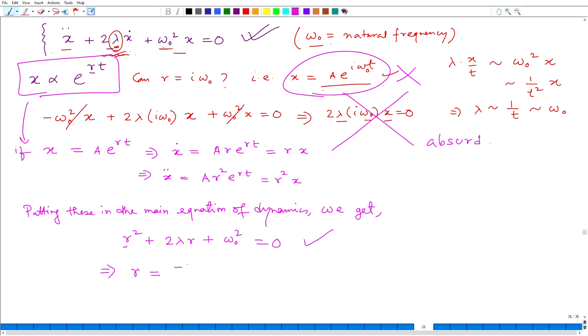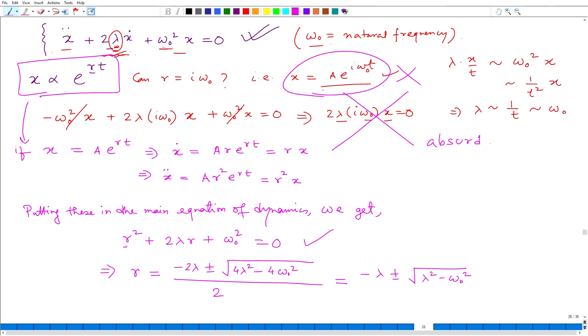So, minus 2 lambda plus minus root 4 lambda square minus 4 omega 0 square by 2, which will simply give us minus lambda plus minus root over lambda square minus omega 0 square.